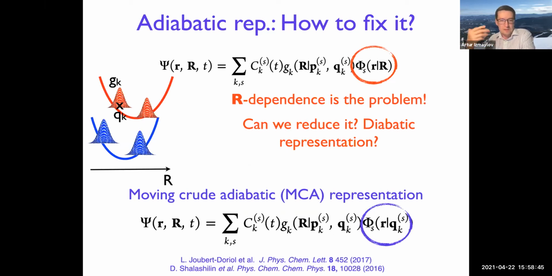What you can do in these problems is a small tweak: changing the nuclear dependence in electronic functions to a dependence on the center of the nuclear wave function, the Gaussian in this sense.